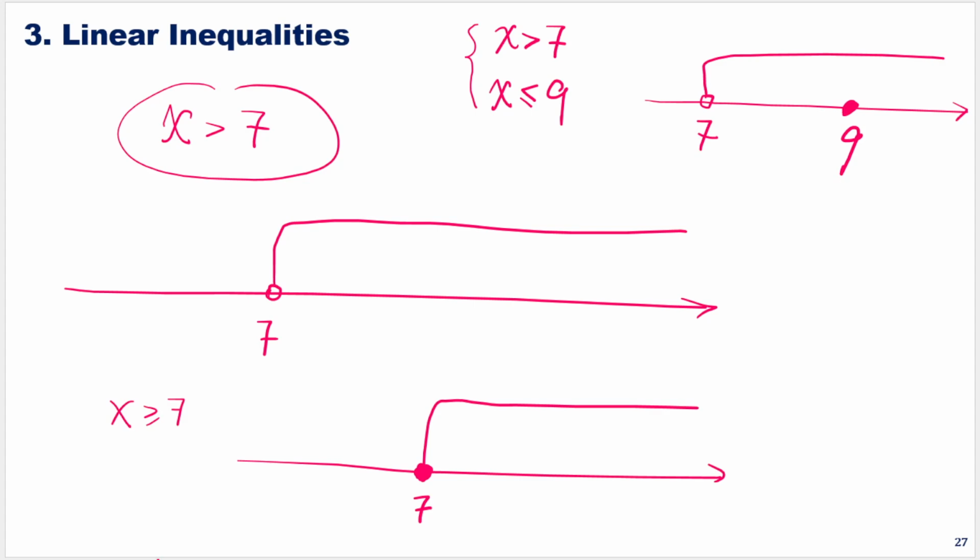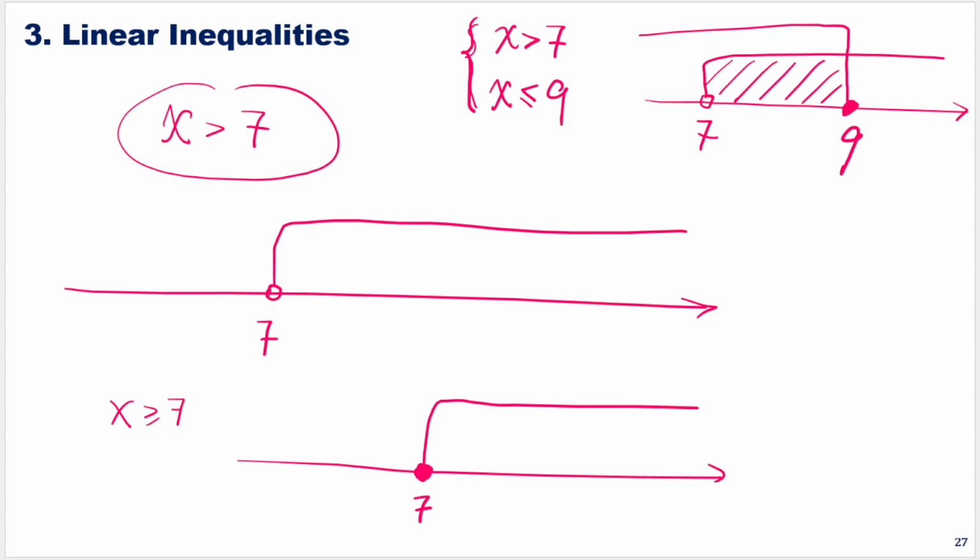X is less than or equal to 9 means to the left of that number here. And then this symbol here means we must find the intervals that can satisfy both of the inequalities. So this is an overlapped area. This area will satisfy both of the inequalities here. Did you get it? This indicates the interval of x that can satisfy both of the inequalities, which satisfies the entire system.